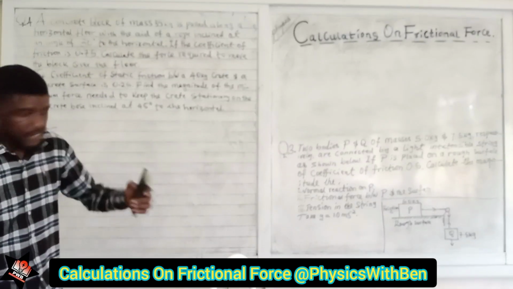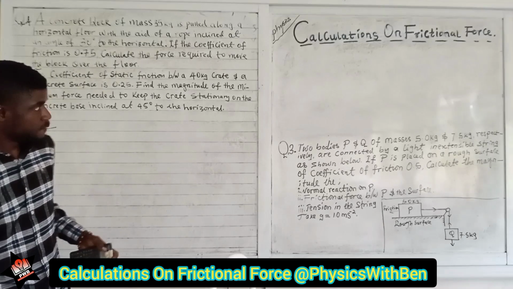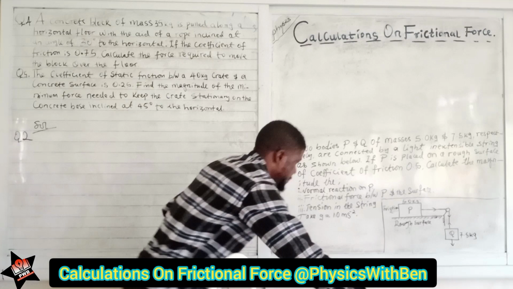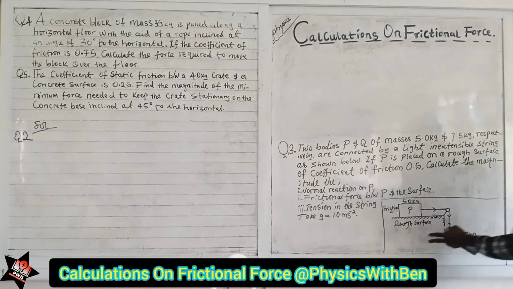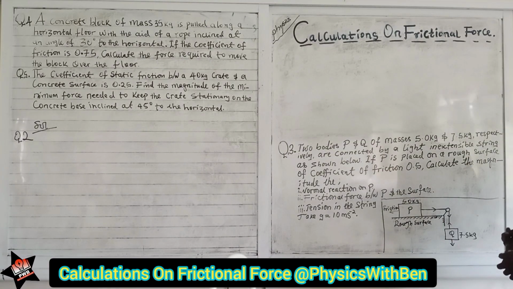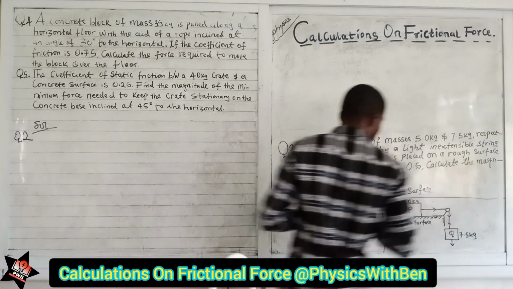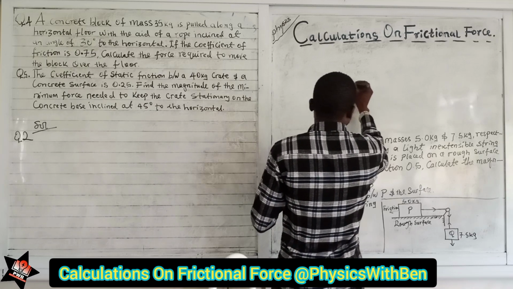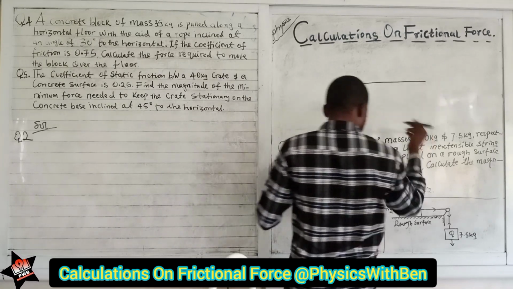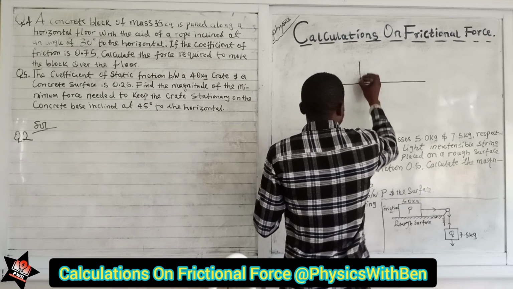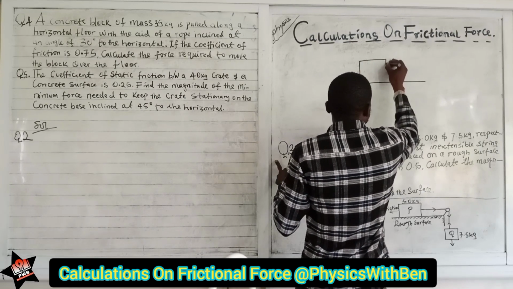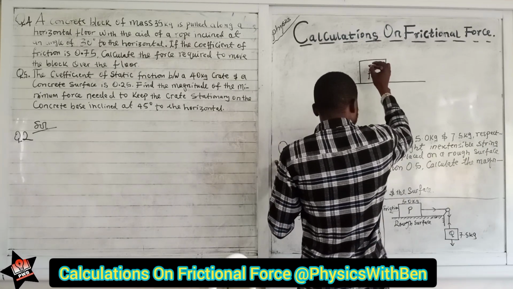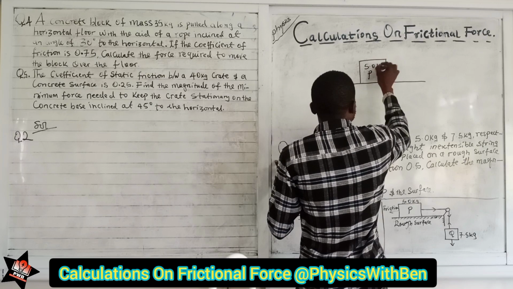Good. So from this diagram, I'm going to redraw this diagram up here for the sake of clarity. So we have something like this. This is P, and P weighs 5.0 kilogram.